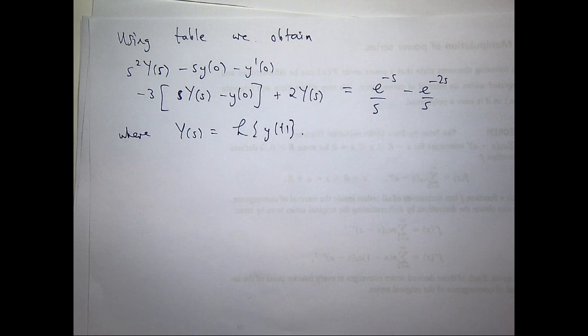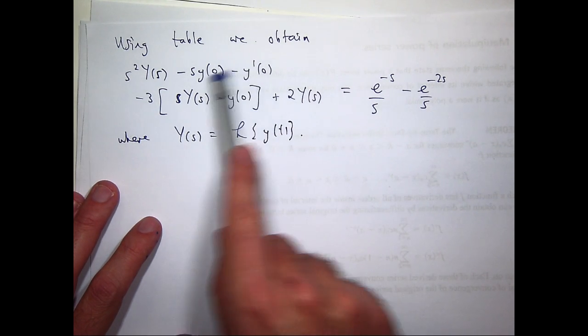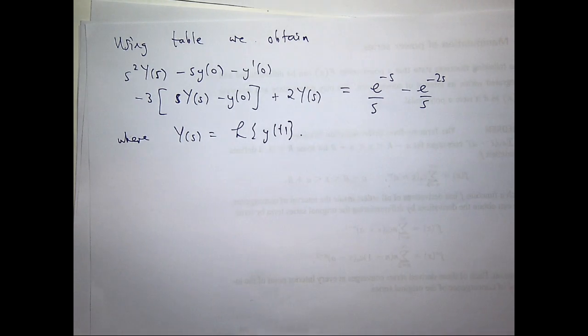So now what we would like to do is apply the transform of derivatives, incorporate the initial conditions. We've got these conditions here. What we would like to do is simplify.